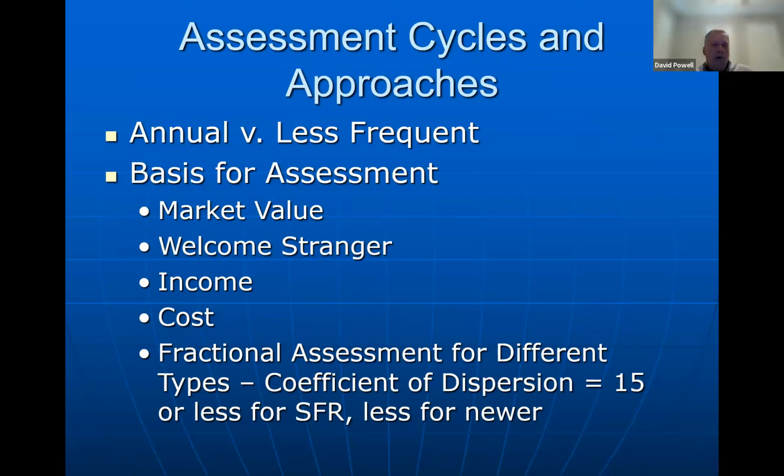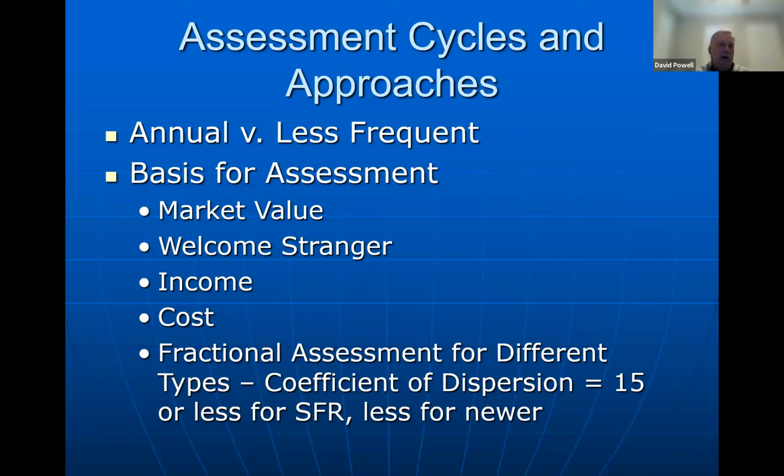A major component, obviously, of calculating how much property tax revenue you can generate is going to be that assessed value of the property. Because again, the higher the assessed value, the more property tax revenue that you will be generating. Different states use different approaches to assessing the value of property for property tax purposes.